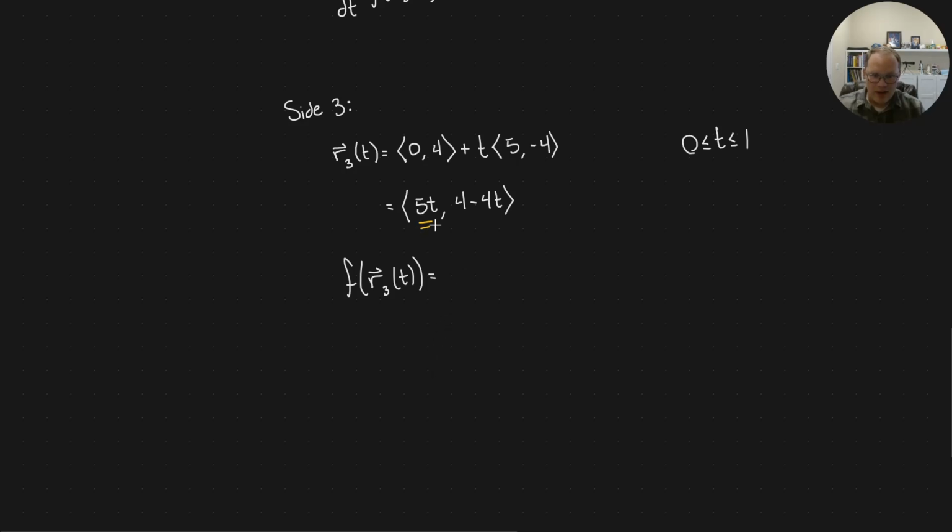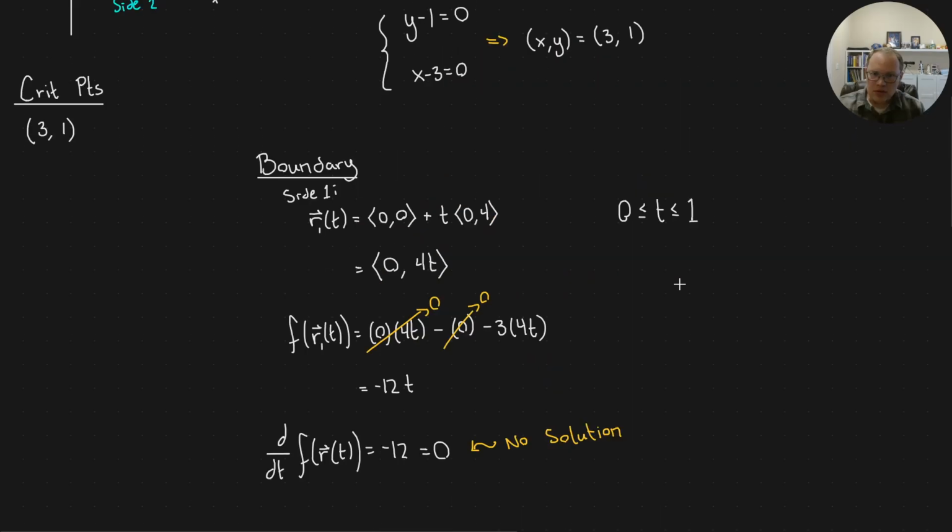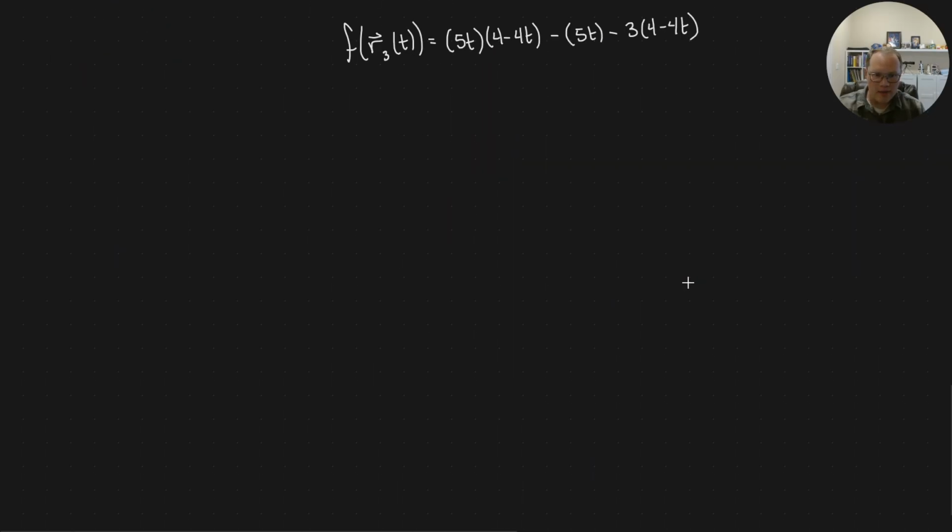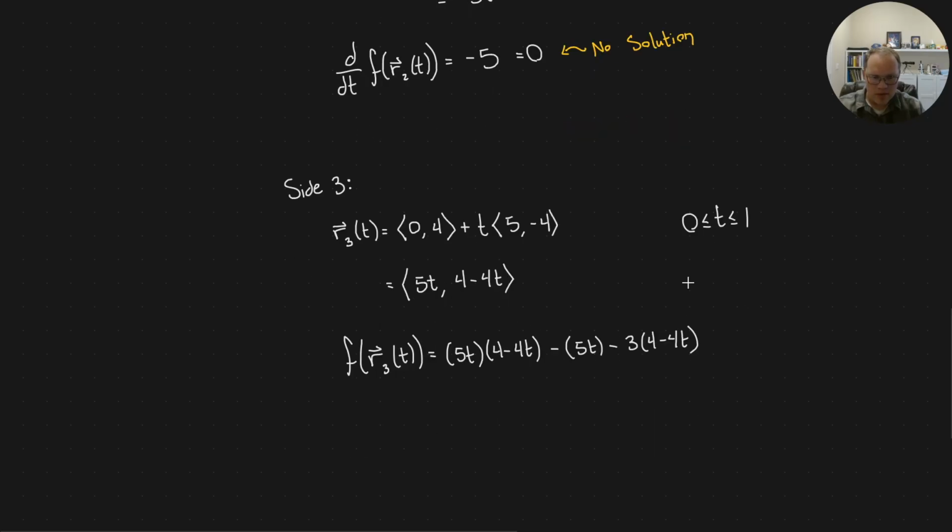So I'm going to plug in 5t for x, 4 minus 4t for y. So x times y minus x minus 3 times y. Let me just double check I remembered everything correctly. Yeah, we're good.